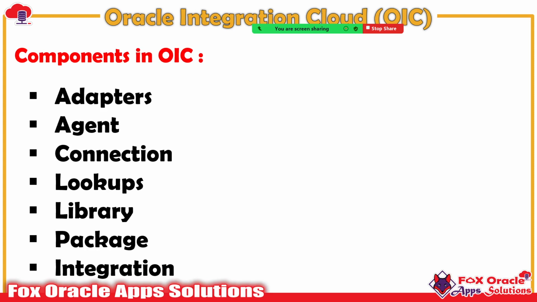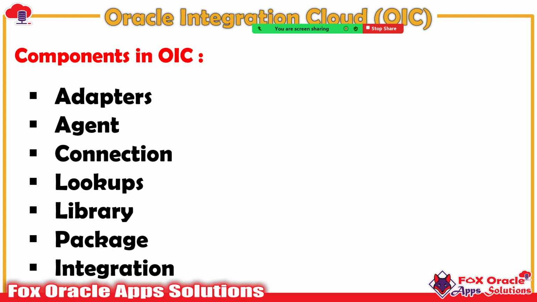Now, after the introduction, we have the components in OIC. Whenever we learn any technology, each technology has its components. In Oracle Integration, we have six or seven components. It's not that we can consider one as the first component or second component, it's all interrelated.